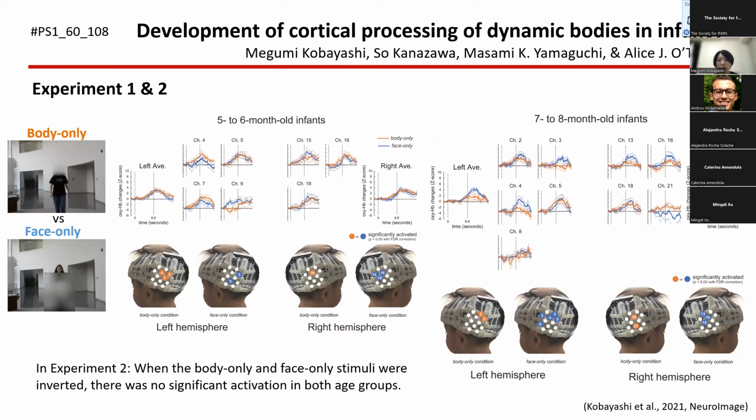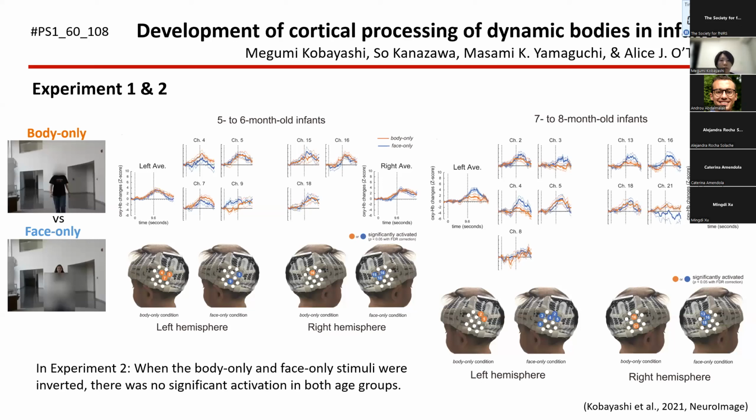As shown here, the superior area of the bilateral temporal region was significantly activated in response to dynamic bodies and faces. And cortical responses to dynamic bodies did not change across ages. But for the faces, more channels activated in the older infants than in the younger infants.